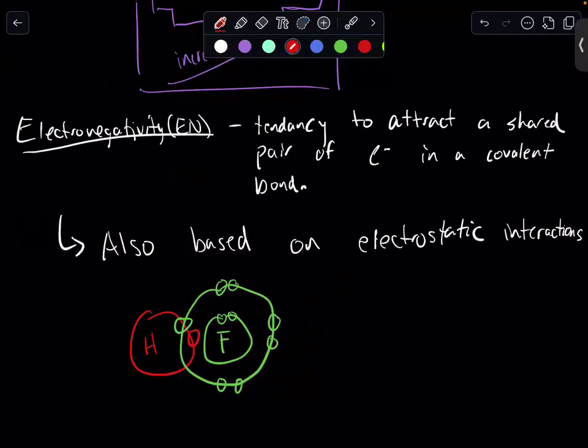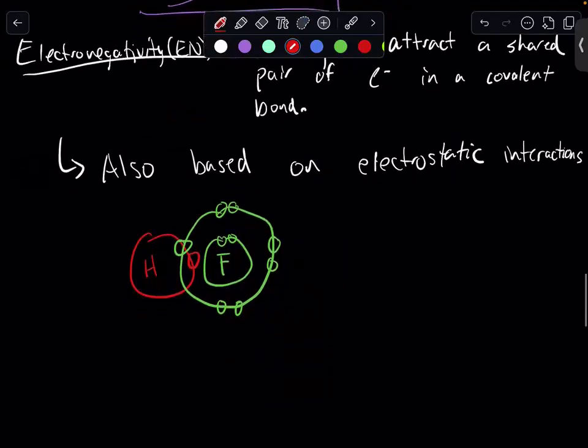Something you may realize is that hydrogen can pull on it with an effective nuclear charge of +1, while fluorine can pull on it with an effective nuclear charge of +7. So if we look at our Z effectives, we have a little bit of attraction here and a lot of attraction here.